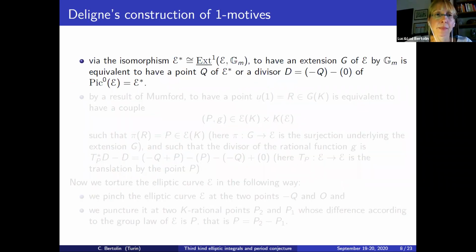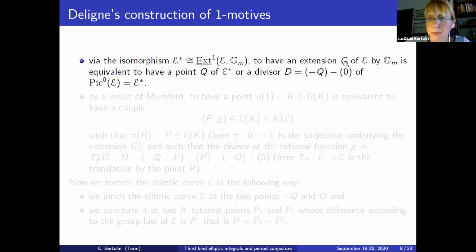1-motifs have been introduced by Deligne, and so I want to recall now this construction. So there is a morphism between the dual elliptic curve and Ext^1(E, G_m).